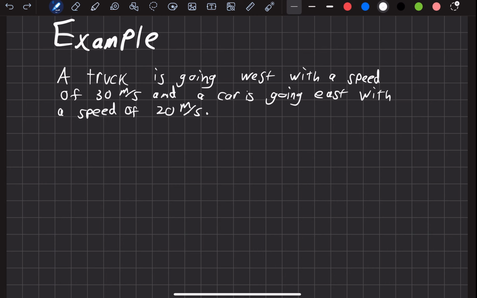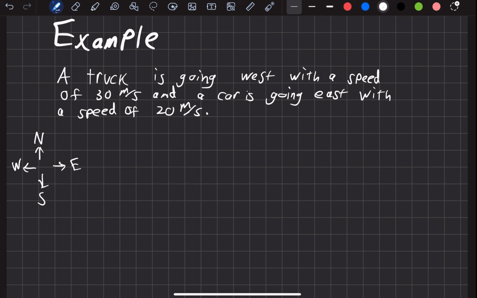A truck is going west with a speed of 30 meters a second. Probably should mention here, a lot of physics problems rely on north, south, east, and west. This would be like if you're looking down on a map. North is typically up on the map. East is typically to the right. South is directly below, and then to the left would be west. If you have never seen what a compass looks like, this is what a compass looks like.